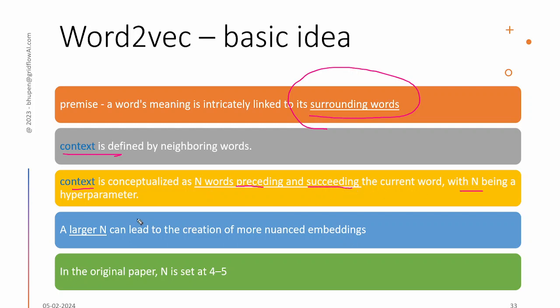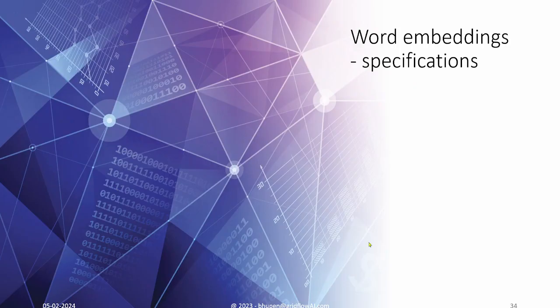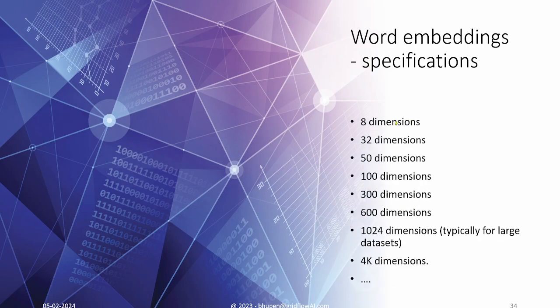And this n is typically tunable or configurable. A larger n gives you a much better embedding representation. In the original paper for Word2Vec, n was 4 or 5 words to the left and 5 words to the right. As for the specification of word embedding, generally 8-dimension embeddings are produced, 32 dimensions are also used, 50 dimensions or 600 dimensions.